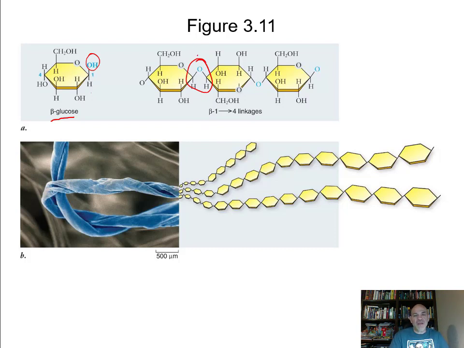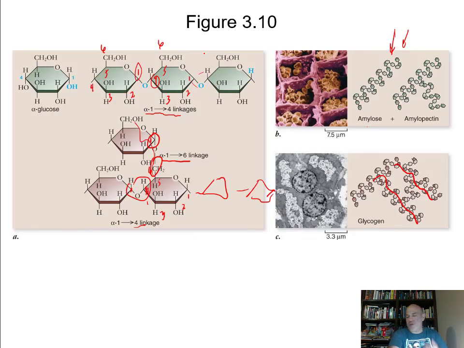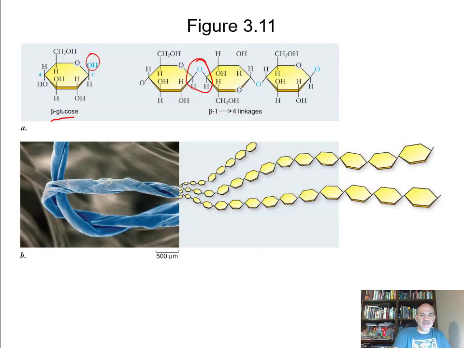The enzymes we have break the alpha 1,4 linkages, but no animal makes an enzyme that can break down cellulose. So cellulose is used to make these fibers that give structural support to cell walls and so on. Now, there are microorganisms, though, that produce cellulase, which is the enzyme to break down cellulose.